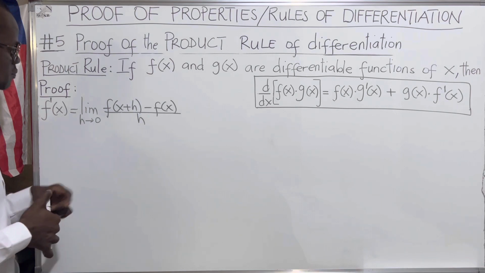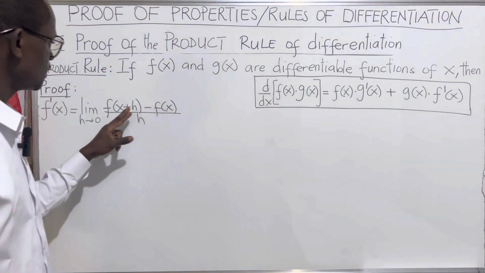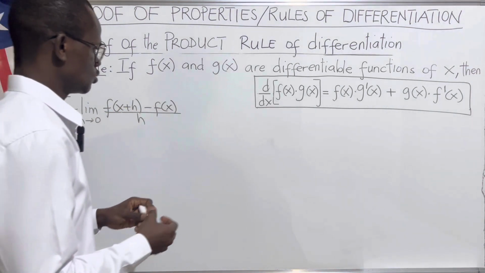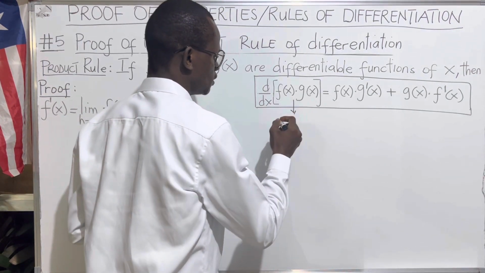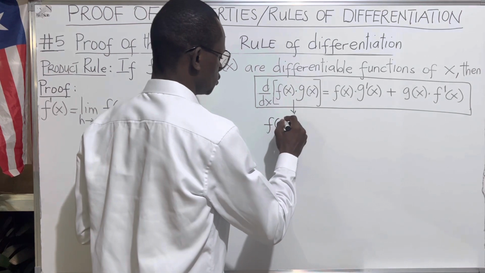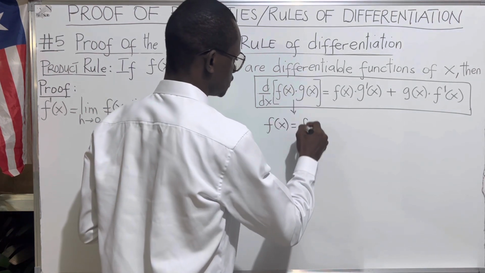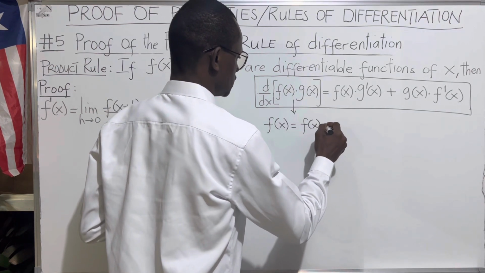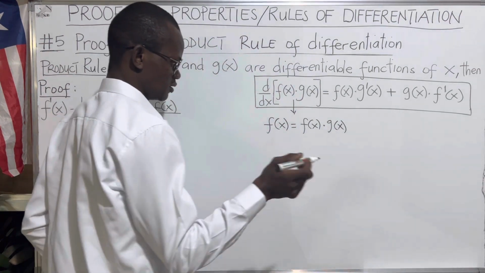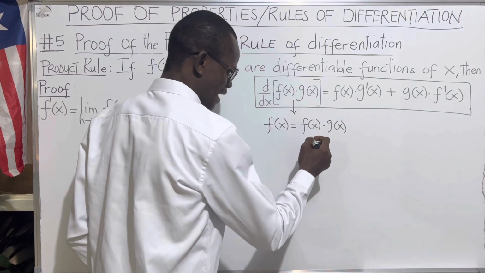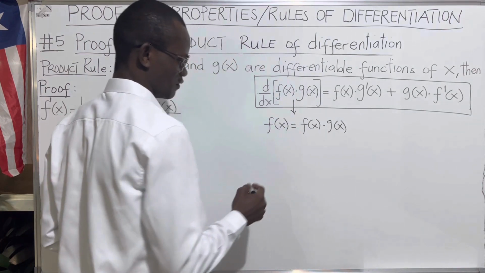In the first principle, we have f of x and f of x plus h. We told you f of x is always the function that you are about to differentiate. So the function that we are about to differentiate here is f of x times g of x. So please don't say you divide this out by f of x and divide this out by f of x.